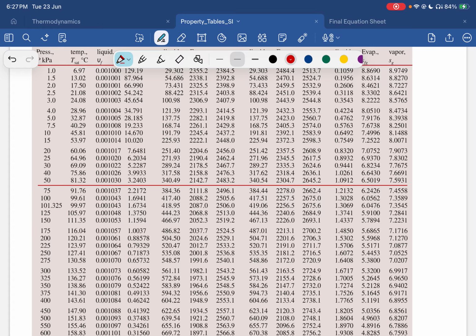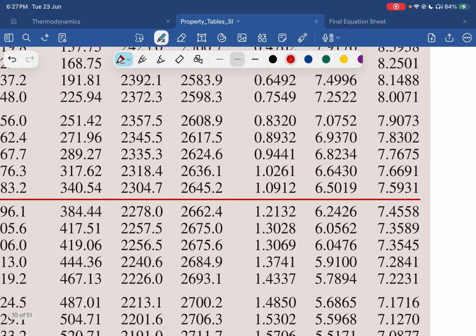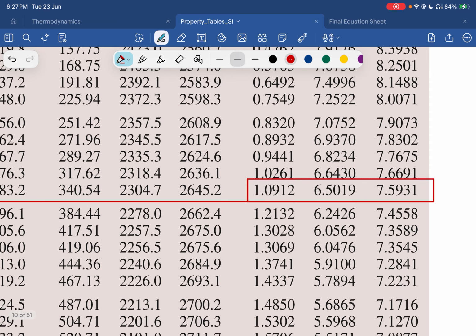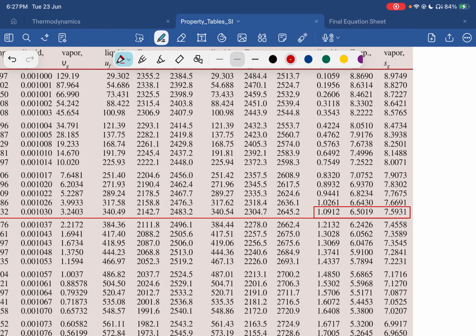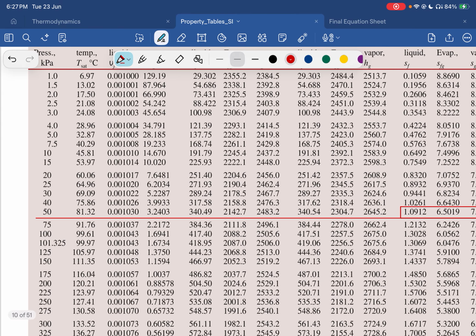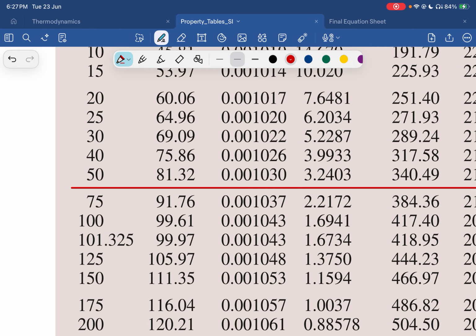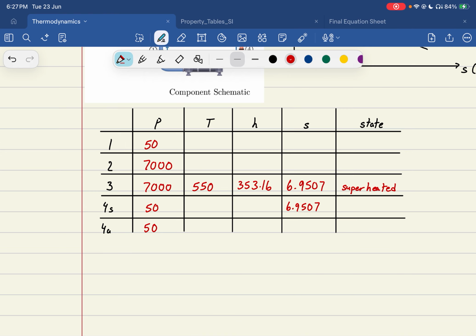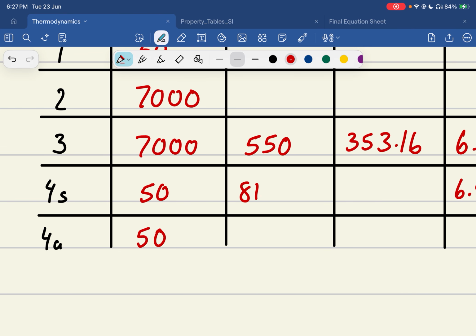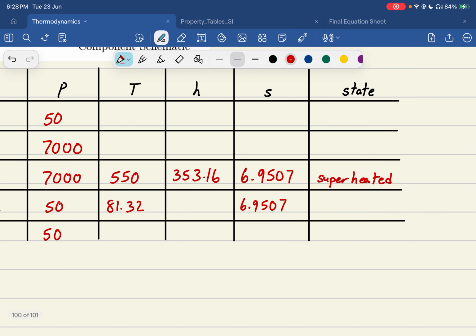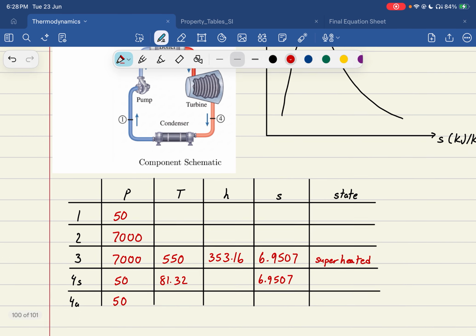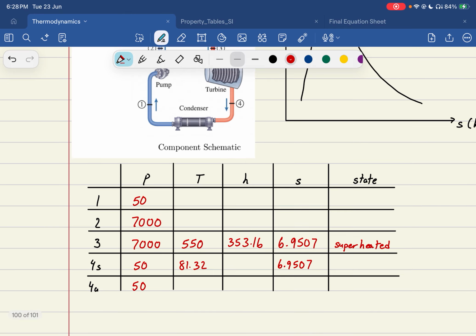And we look at our enthalpy value, or entropy value, it is within range of these two. Since it's within range, it gives me that it is a saturated mixture. And then we can say that our temperature is 81.32. So that's the temperature going out of the turbine.